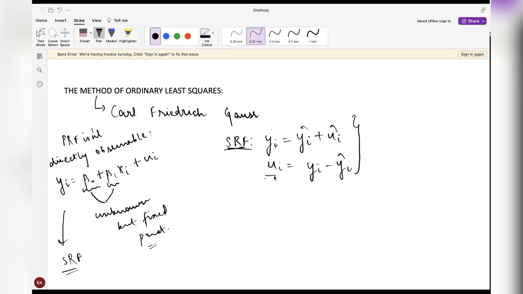We know that our residual term depicts the difference between the actual and the estimated value. So what we can do is minimize their sum. But actually there is a limitation attached to minimizing just their sum. What is that limitation? Let's understand this with the help of a figure.